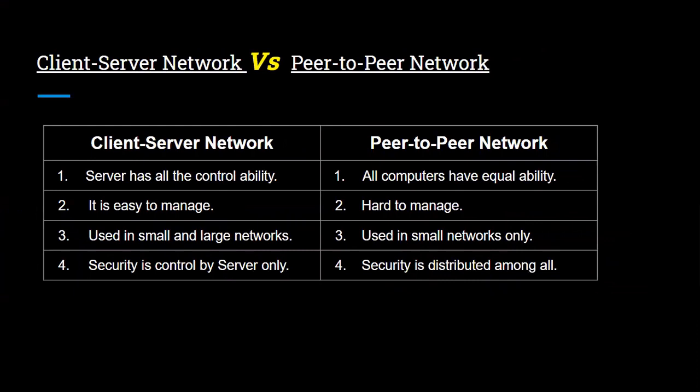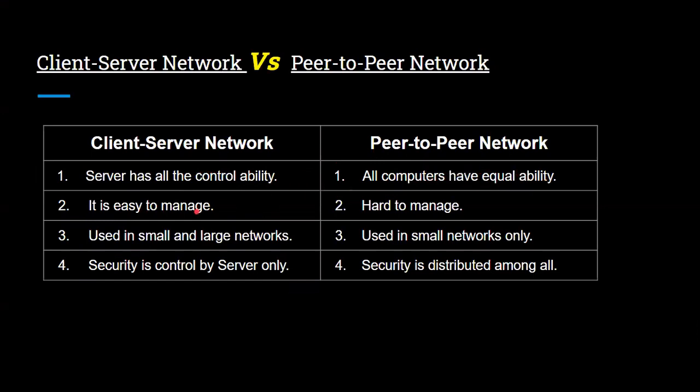Now let's see the differences between client-server network and peer-to-peer network. In client-server network, number 1, server has all the control ability, whereas in peer-to-peer network, all computers have equal ability. It means that all the control is on server in the client-server network, whereas in peer-to-peer network, the control is controlled by individual computers.